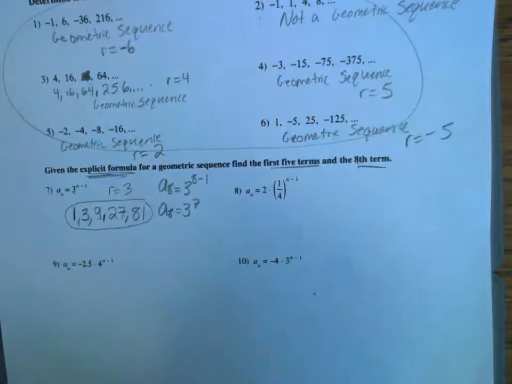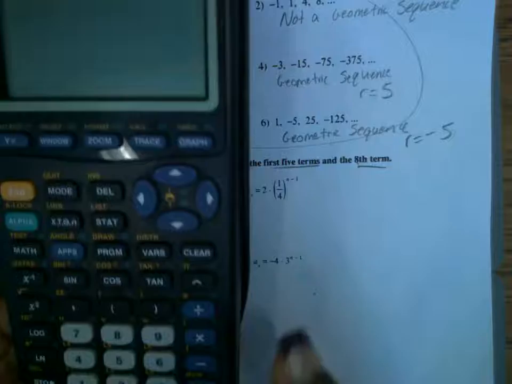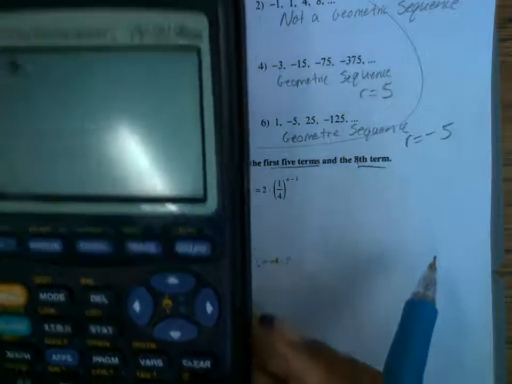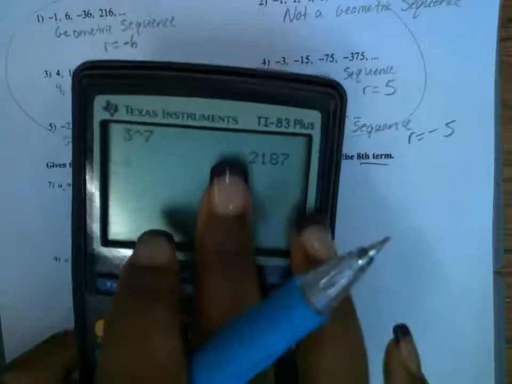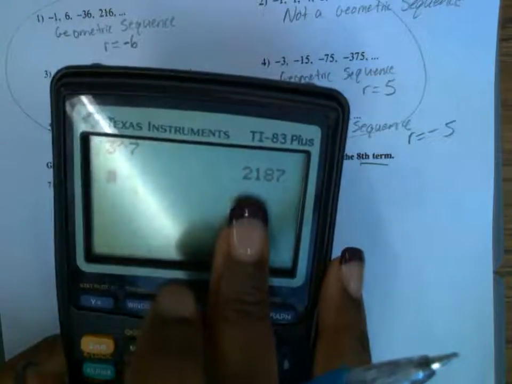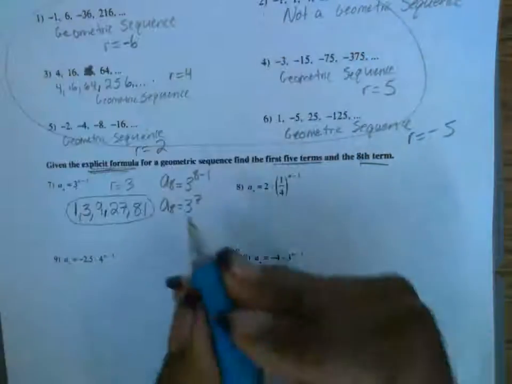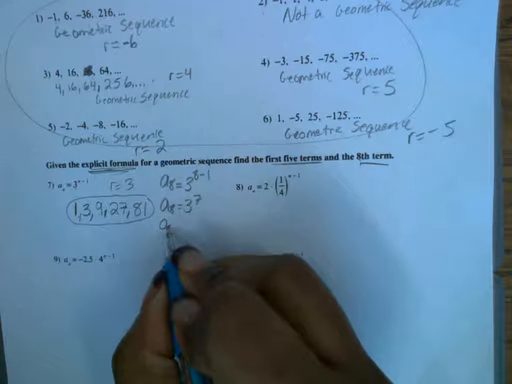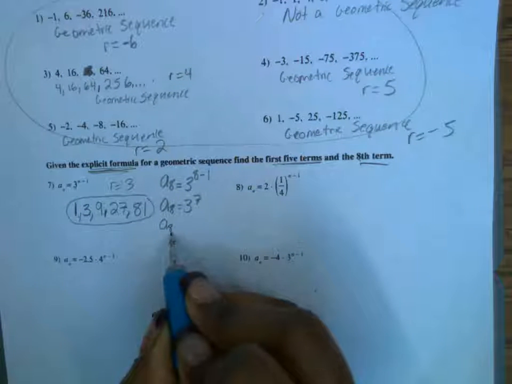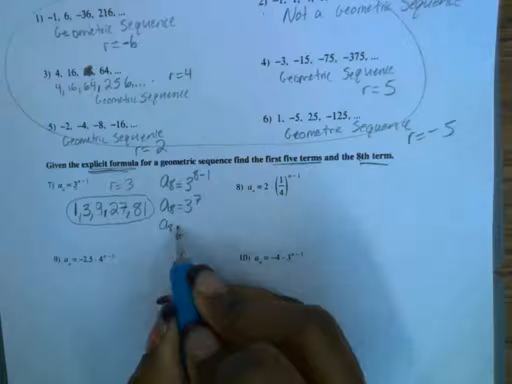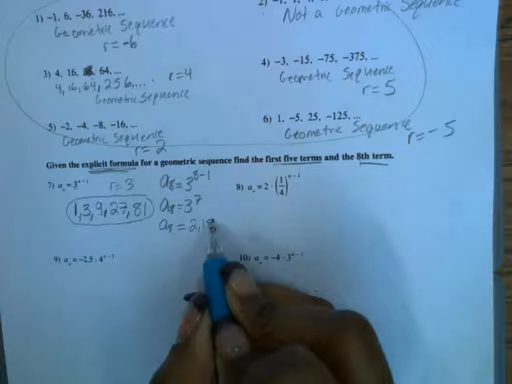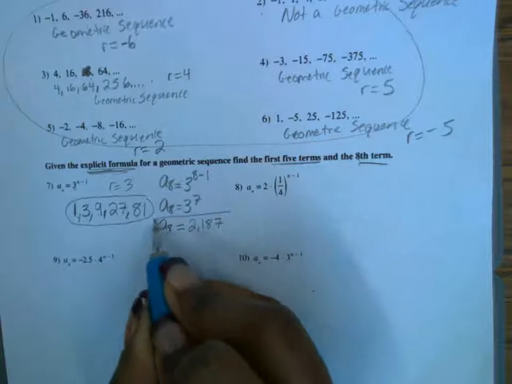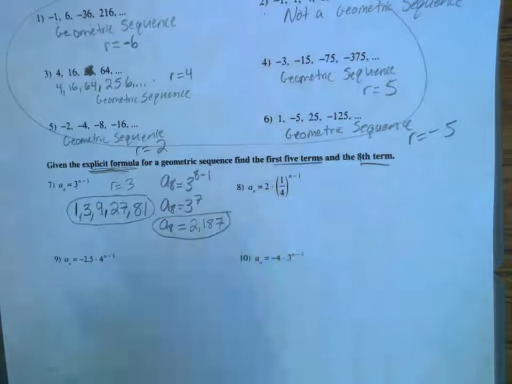So here we have 3, caret key, 7. Okay, and that gives us 2,187. So the 8th number in the list, this is a sub 8, is equal to 2,187. This is your 8th number in the list. Okay, any questions about that?